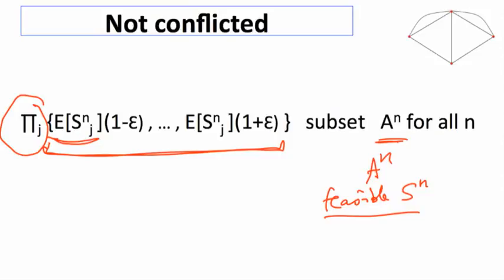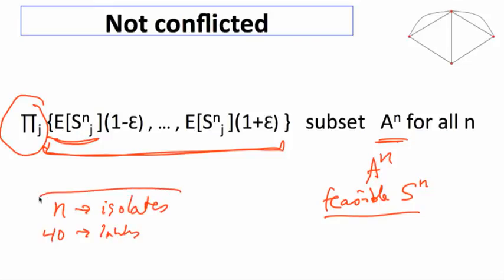Okay, and what would be things that would not be feasible? Well, suppose we have n nodes. It's infeasible to have n isolates and 40 links, because this means that all the nodes have no links, and this says we have links as well. That's impossible. So in order for these not to be conflicted, you'd have to have fewer isolates.